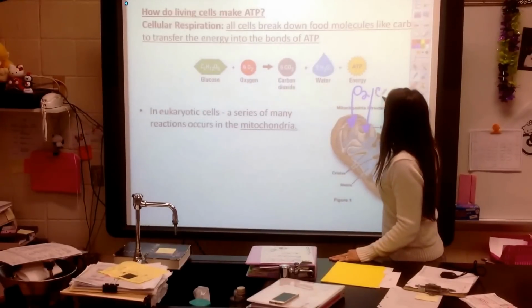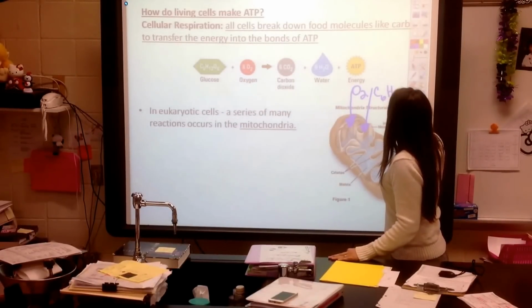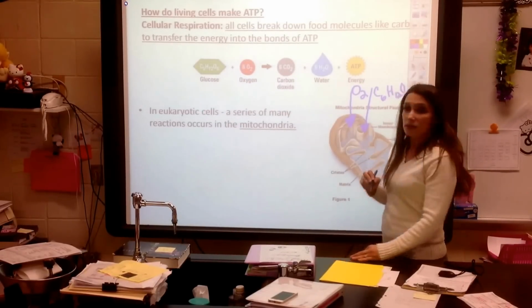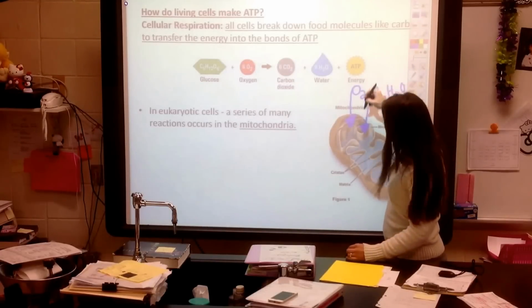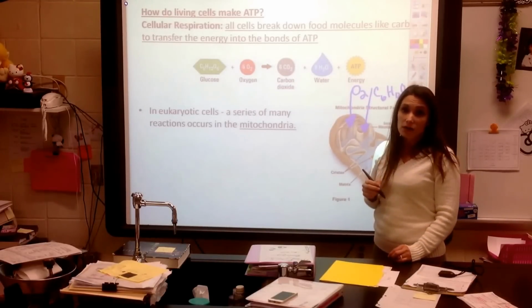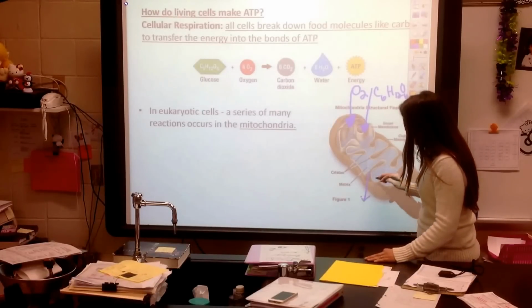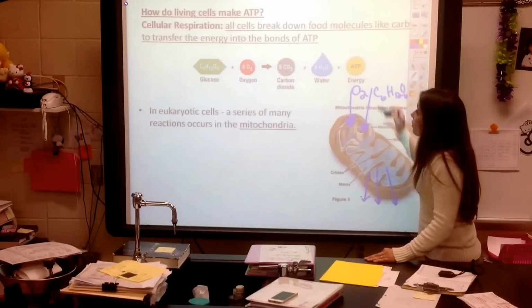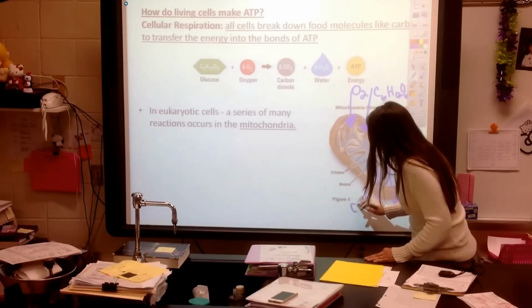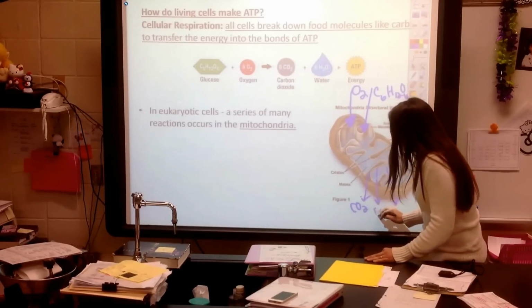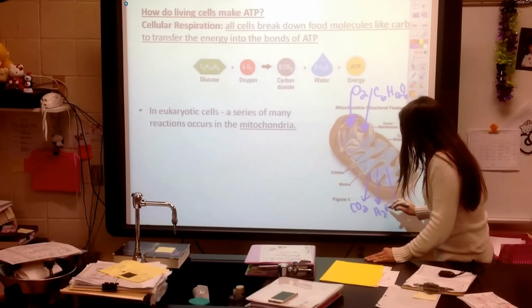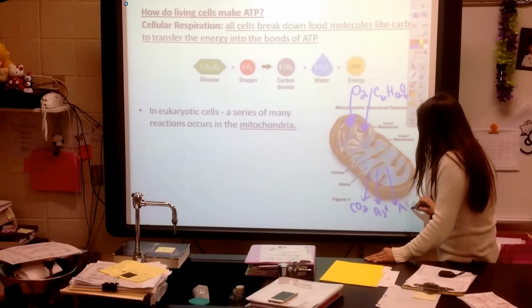And C6H12O6, this sugar, will also be moving into the mitochondria. Coming out, or diffusing out, will be three things. The gas carbon dioxide, water, and ATP.